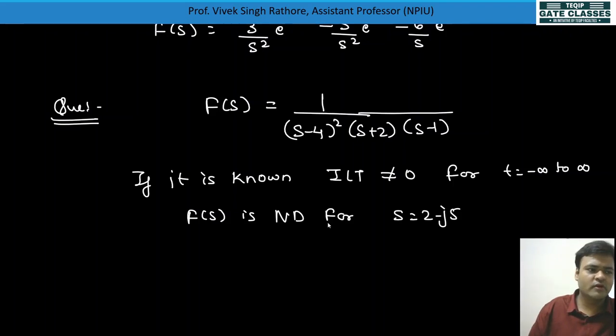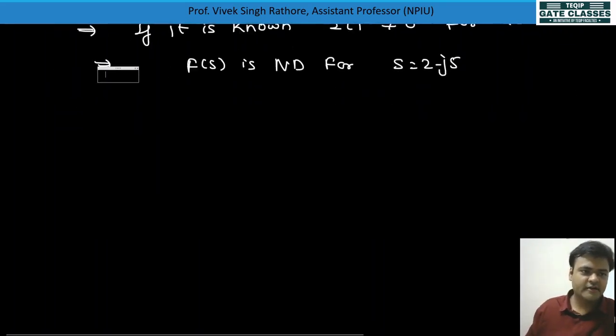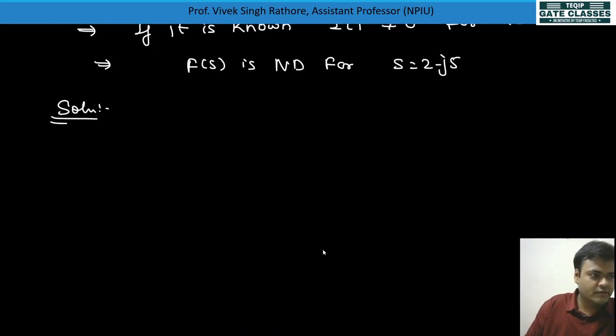So you know these two things already, and F of s is given to you, and you need to find its inverse Laplace transform. Okay, so let's get started and we'll try to solve this question.